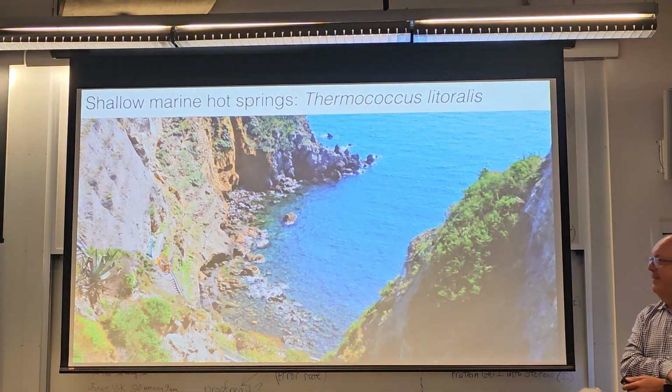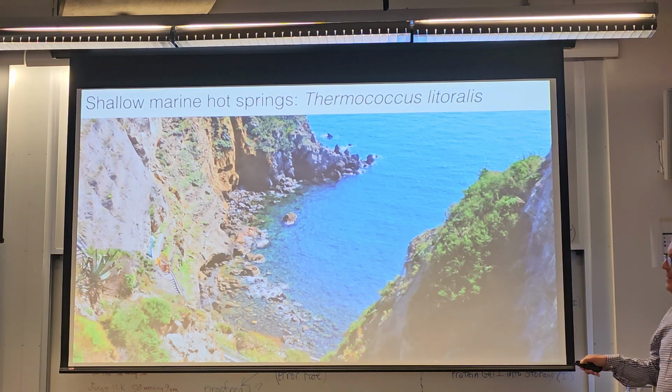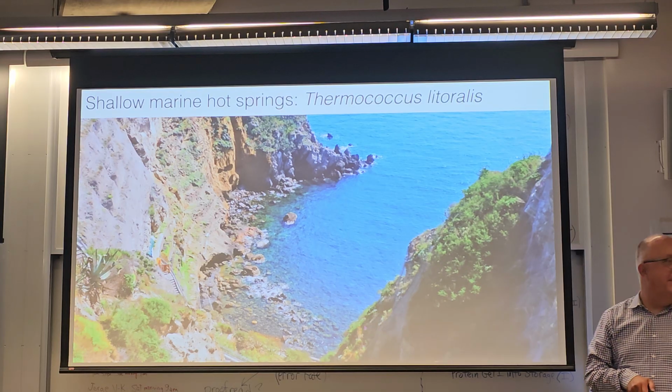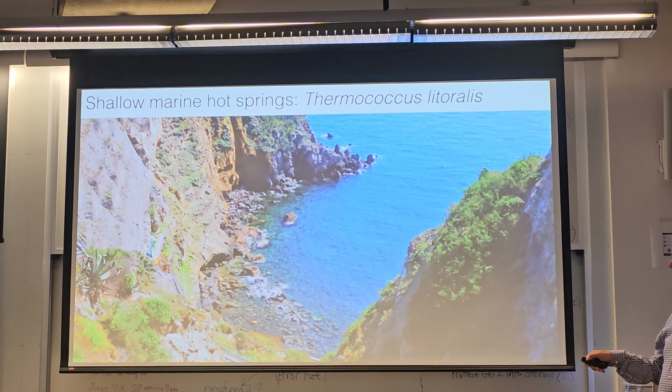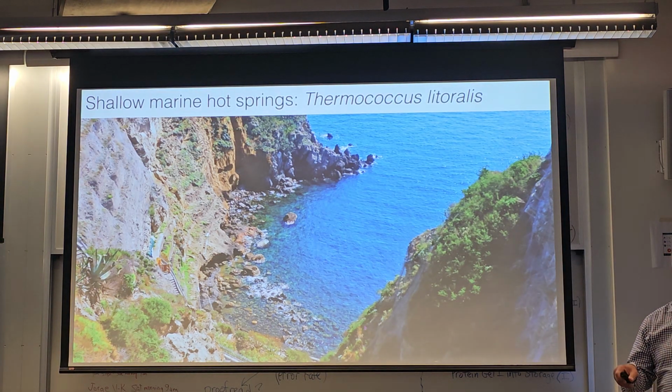One of my other favorite examples from hot springs was this Italian island called Vulcano, and this was before my time, unfortunately. But this is an organism that was isolated from this beach here. At low tide, the tide was out, and it reveals all these little boiling hot springs right at the beach.